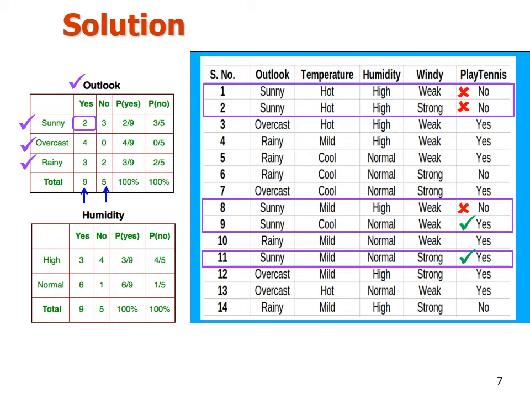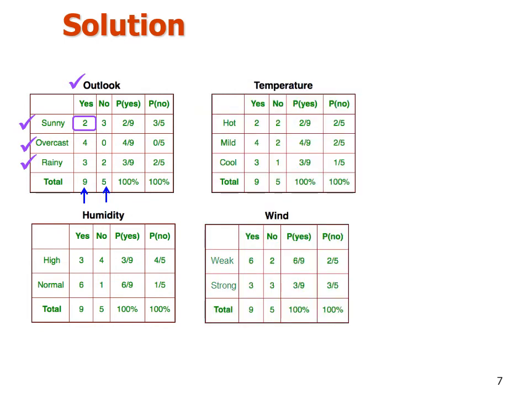Similarly, we can compute the probability values for attribute temperature and 3 distinct values of temperature: hot, mild and cool.